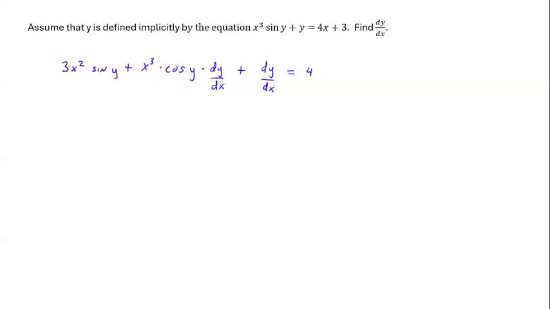And so now we want to get all the terms that have dy/dx on one side. Everything without a dy/dx, we can move to the other side of the equal sign. So I'm going to move the 3x squared sine of y to the right-hand side, so I'm going to subtract it from the left.